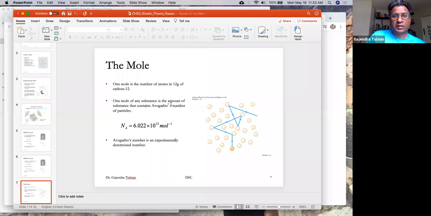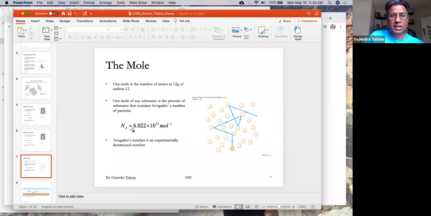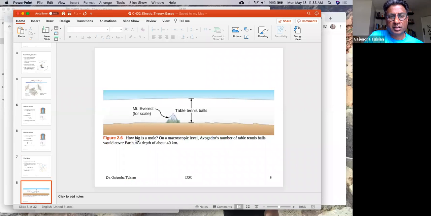So 1 mole of any substance is the amount of substance that contains Avogadro's number of particles. Just to give you a sense of how large this number is, here's a nice little thing from your textbook.